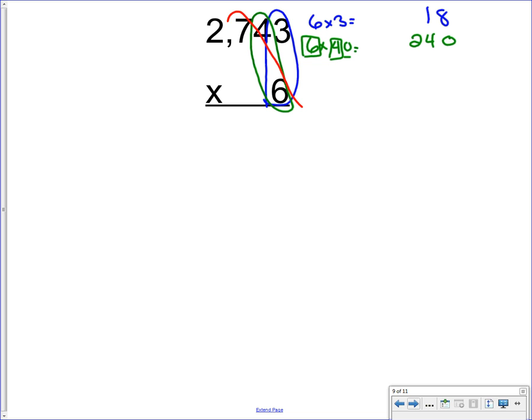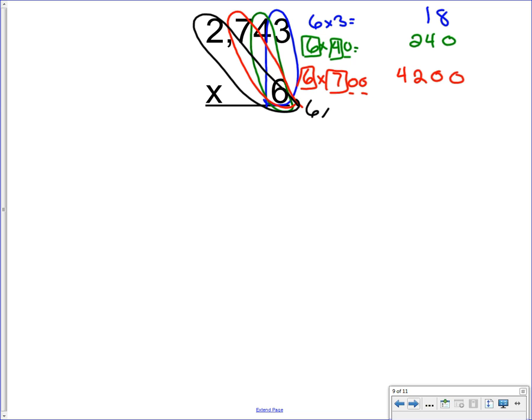I've got 6 times 700. 6 times 7 is 42. 2 zeros. And 6 times 2,000. 6 times 2 gives me 12 with 3 zeros. 1, 2, 3.